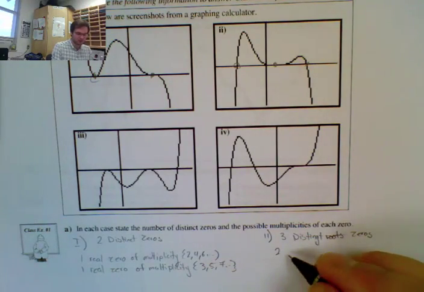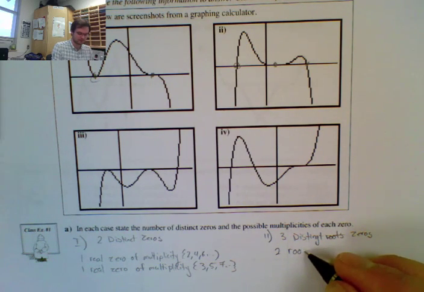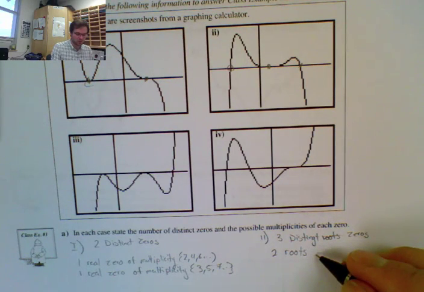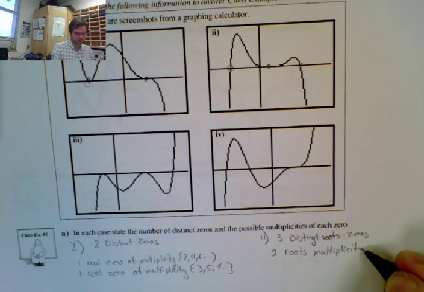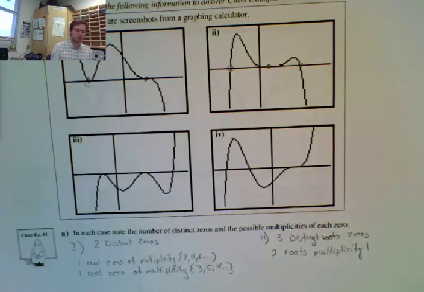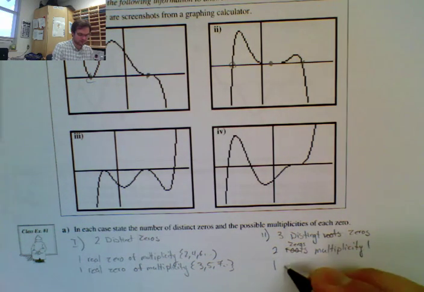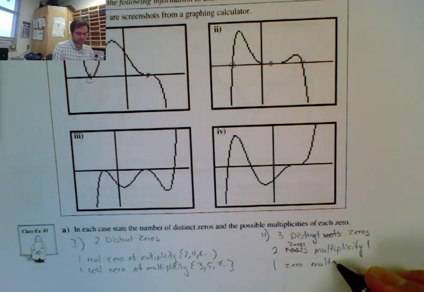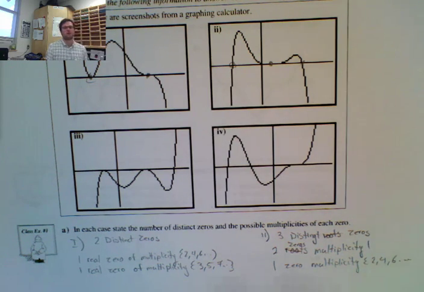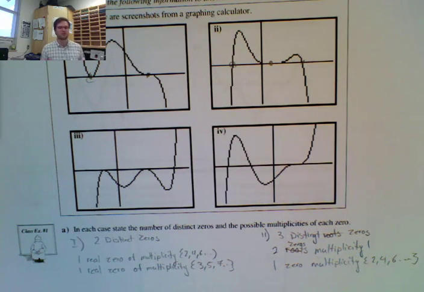So I have 2 roots of degree 1, or multiplicity 1. And I have 1 zero of multiplicity 2, 4, 6, and going on. One of those. Okay, so we just know it's even.